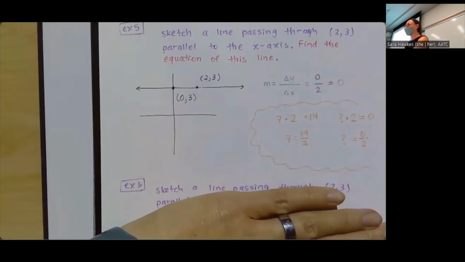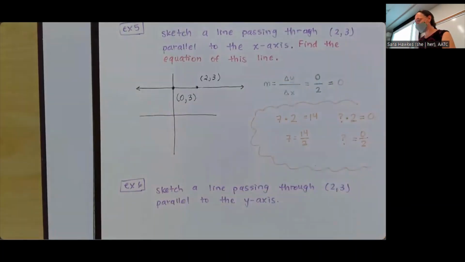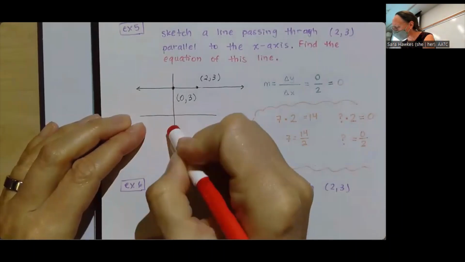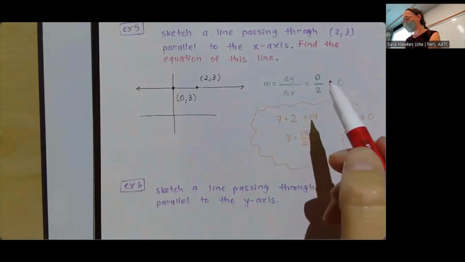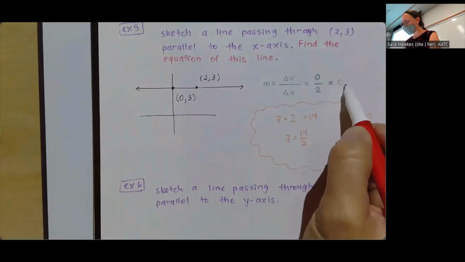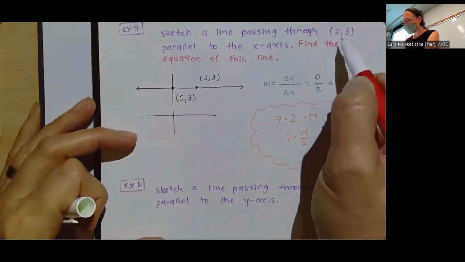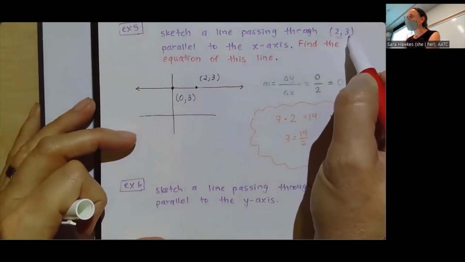So if we're going to find the equation of this line, I'll just give myself a little bit more space. If I use the point slope form, we've got a slope of 0. And we know this point that it's passing through.